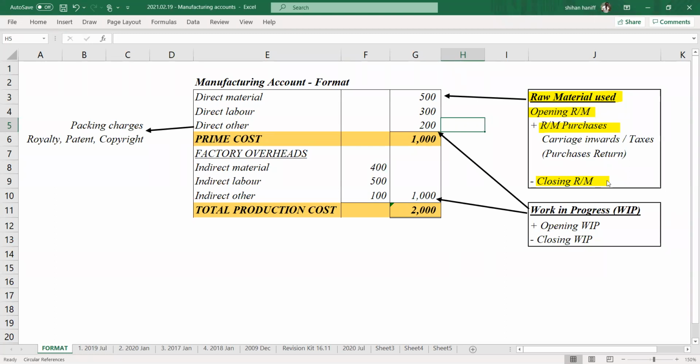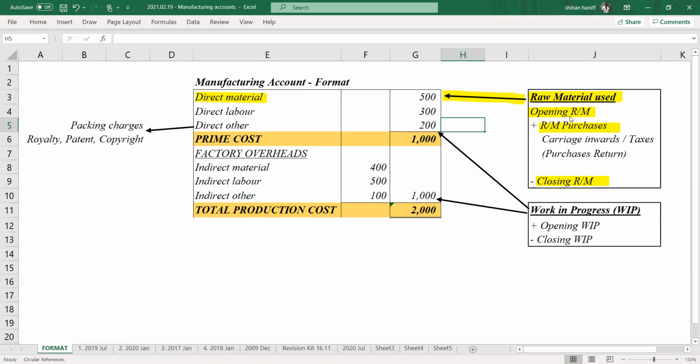That is how you calculate the raw material used. So you can draw an arrow and show this working for the raw material used. Right? Direct material, that's the working for direct material.